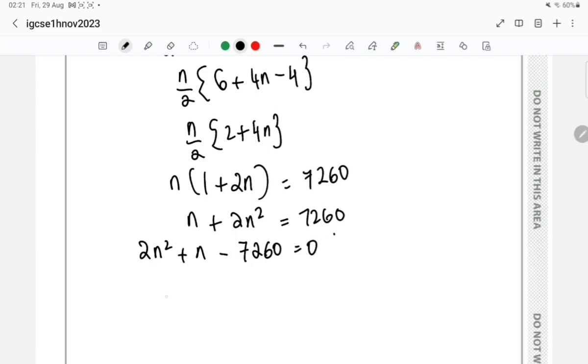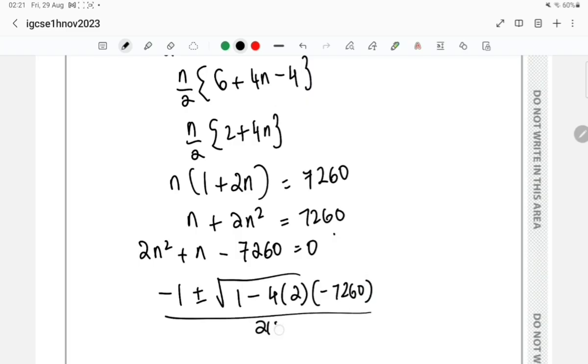Use the formula minus b plus or minus the square root of b squared minus 4ac, divided by 2a. So this will give me, let's try to simplify the inside root. So 1 plus 4 times 2 times 7260. This square root will give me 241.